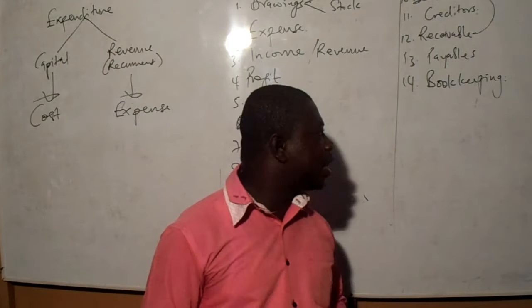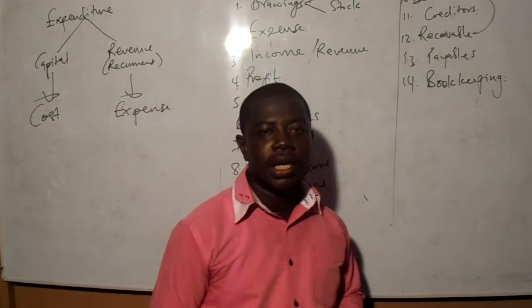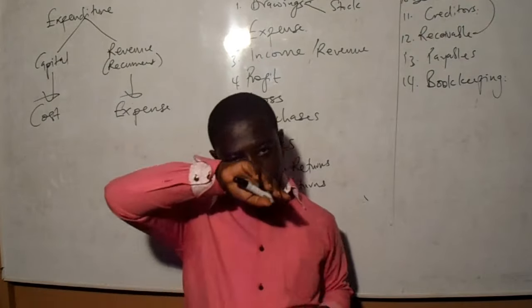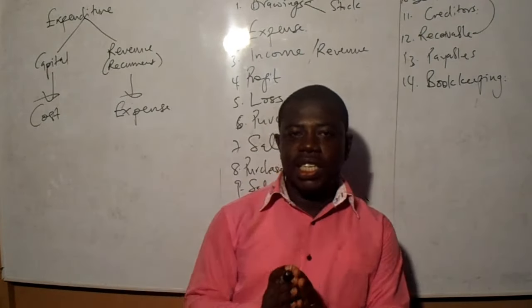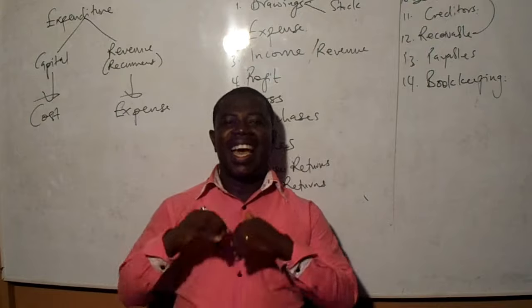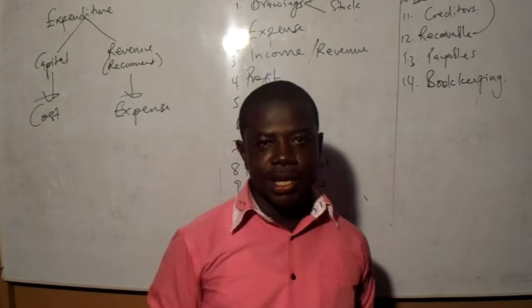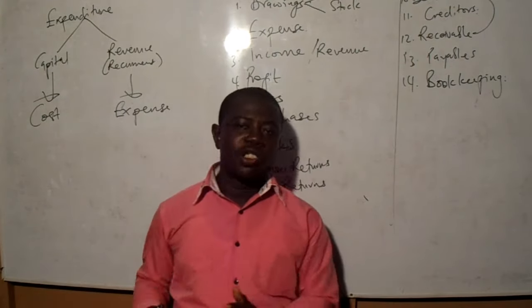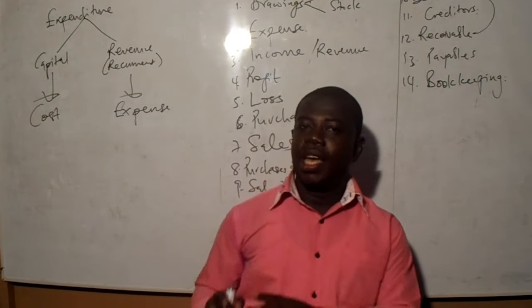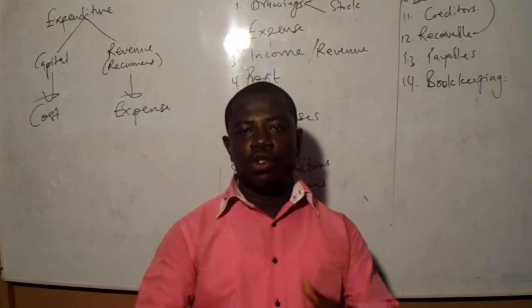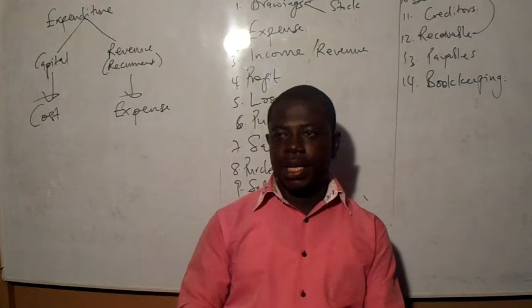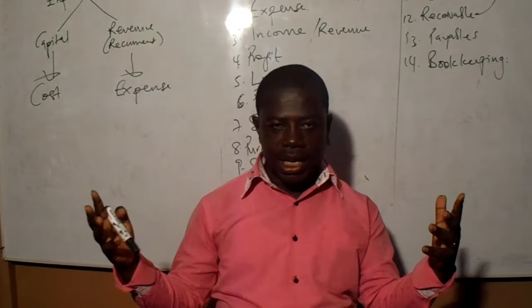Now, let us not get this confused. There is a difference between accounting and bookkeeping. Accounting is the recording of business transactions and summarizing them into financial statements. Bookkeeping records business transactions into the books. There is no summarizing. Where bookkeeping ends, summary continues to make it accounting.